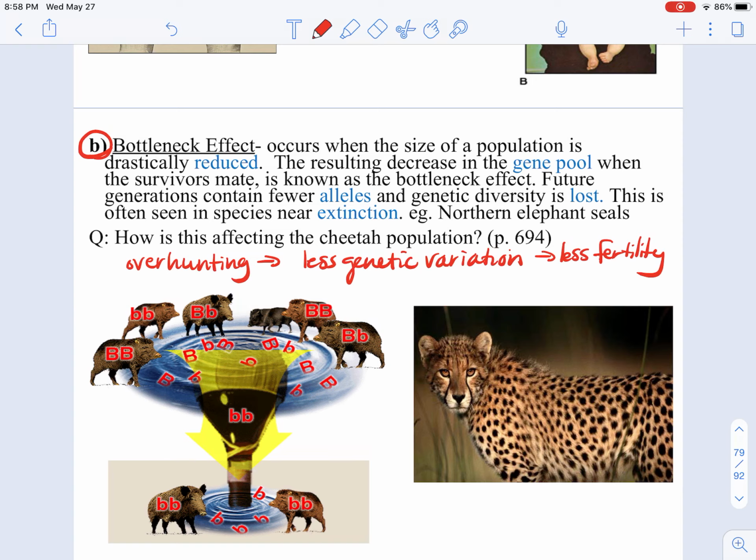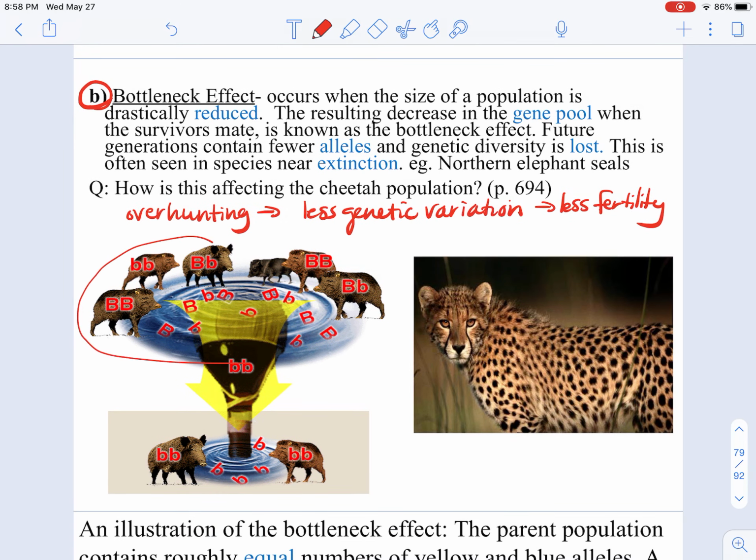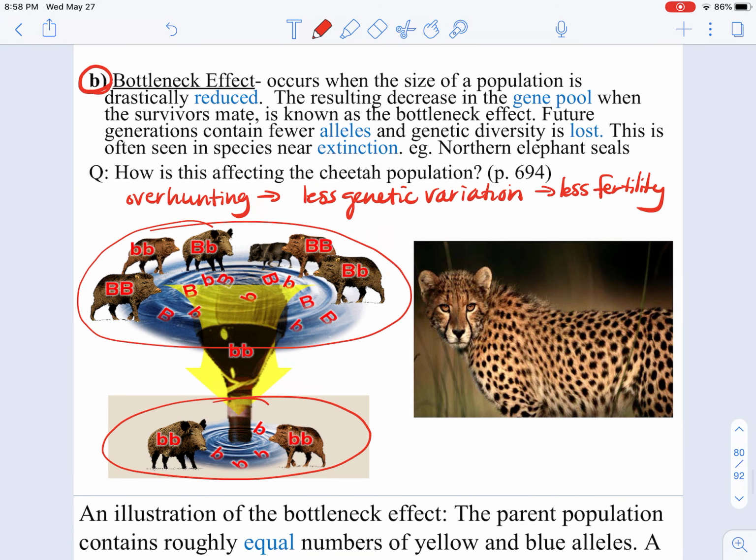It could be some disease, some agent of extinction, or overhunting. But when a whole bunch of them are lost, the gene pool that had many genes in it becomes a small gene pool, and that's another example of genetic drift.